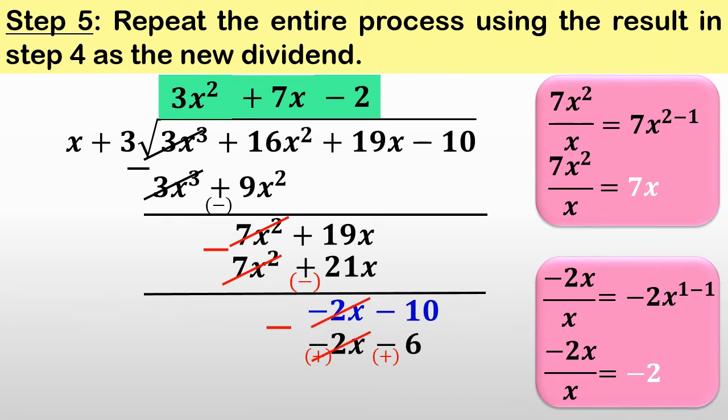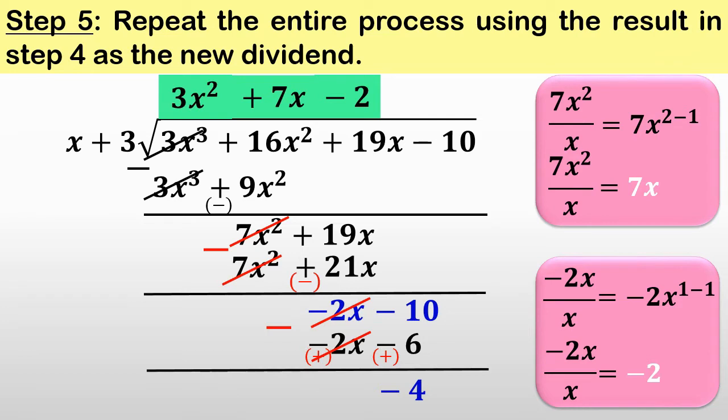So, negative 2x plus 2x is equal to 0. That's why we cancel it. And negative 10 plus 6 is equal to negative 4.